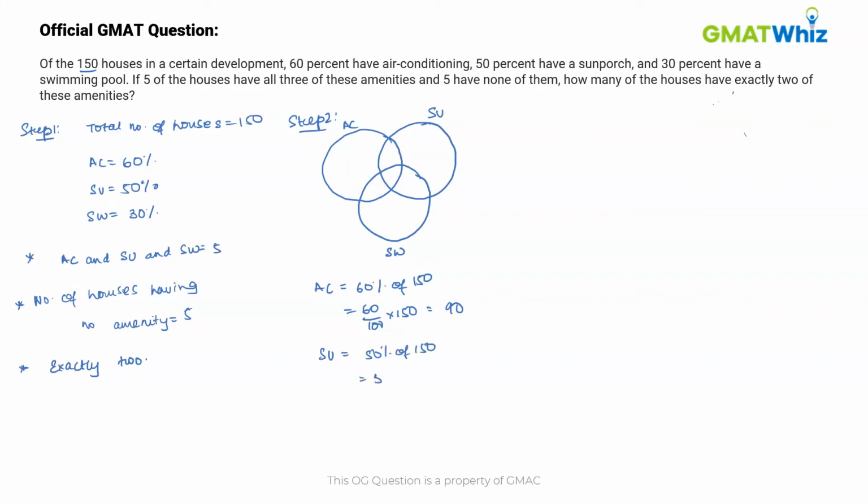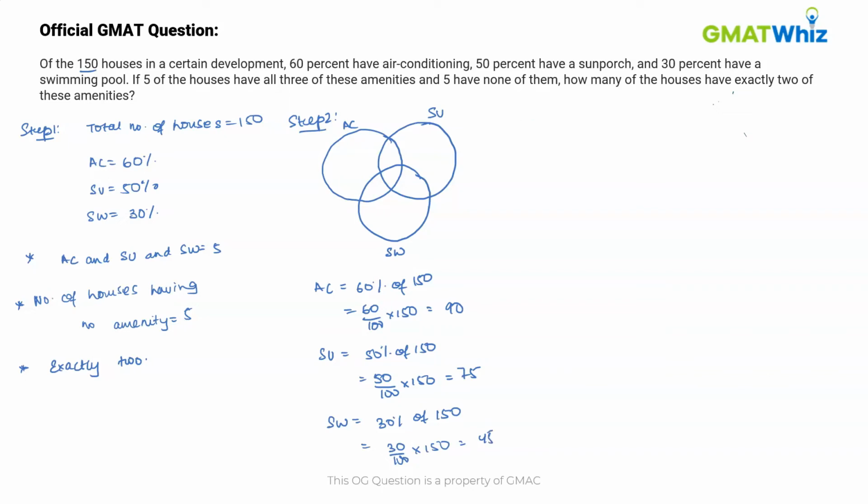This is equal to 50 by 100 times 150, which is equal to 75. And the number of houses which have swimming pool is equal to 30% of 150, which is equal to 30 by 100 times 150, which equals 45.